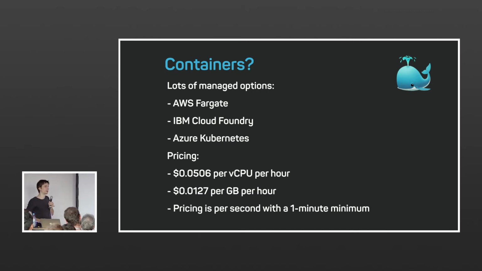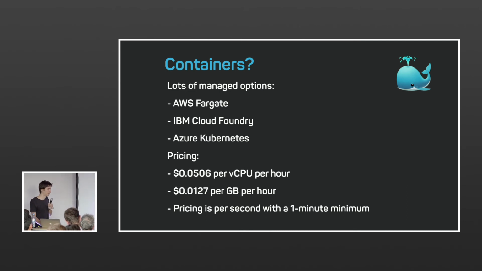But as much as it is serverless that these providers will manage the deployment of these containers for you, you still have this pricing problem where you're actually paying for the provisioned capacity of your container running. So pricing-wise, it actually comes out more expensive than just having an EC2 instance.